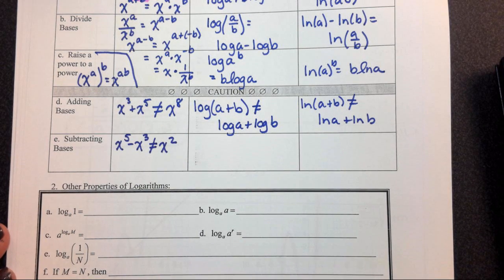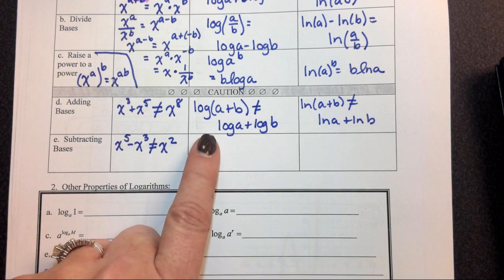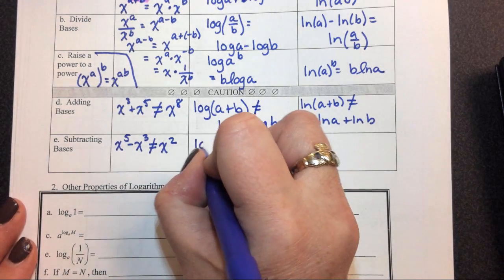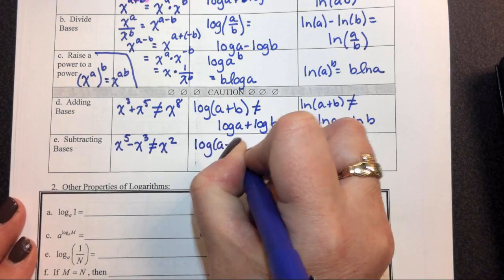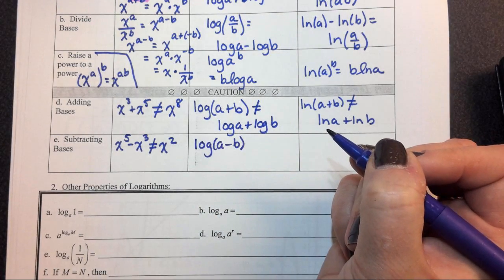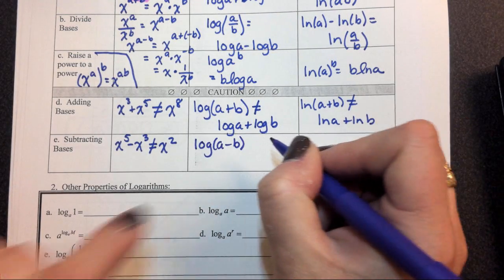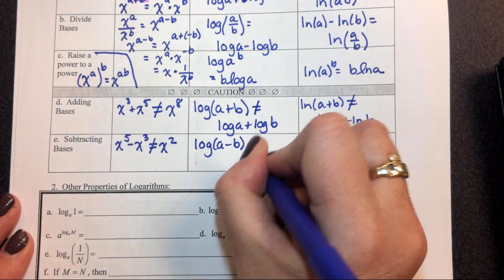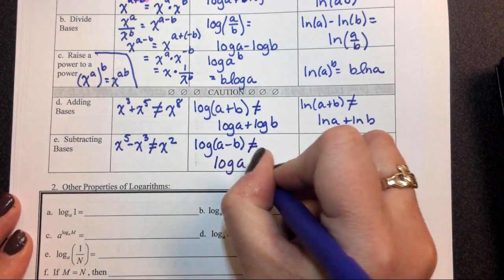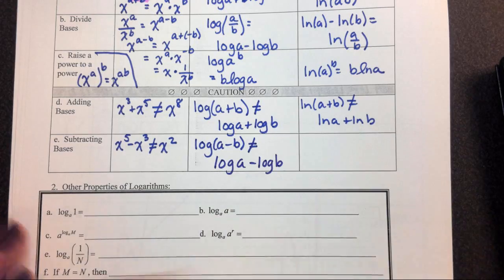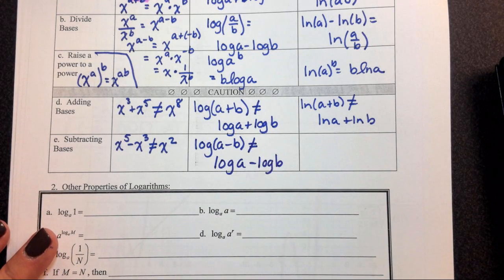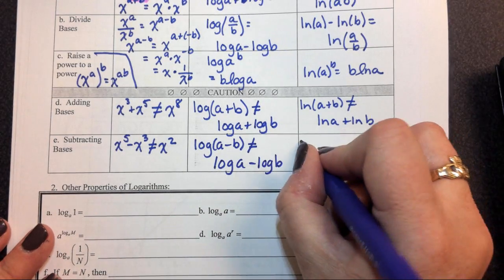You can only add and subtract like terms, those that have the same base with the same power. Just like addition, if you see subtraction inside of your logarithm, unless you can do some factoring, you are stuck. There's nothing more you can do. The log of A minus B is not equal to the log of A minus the log of B. Same thing if this was a natural log.